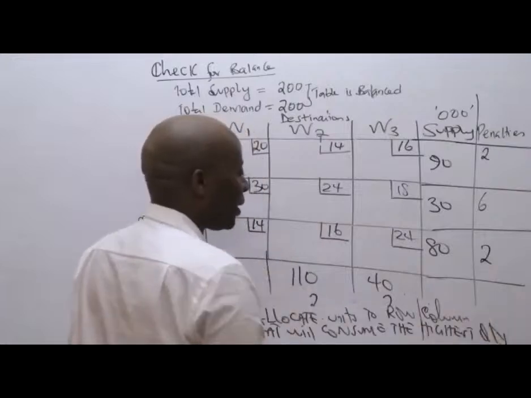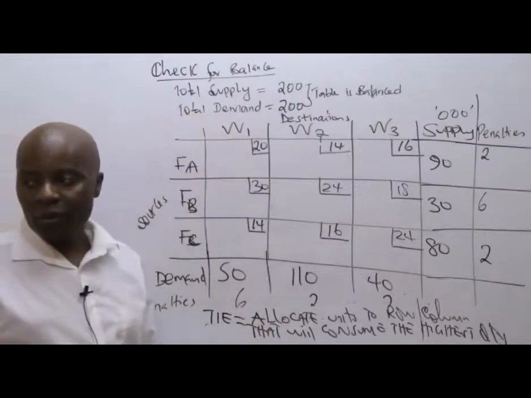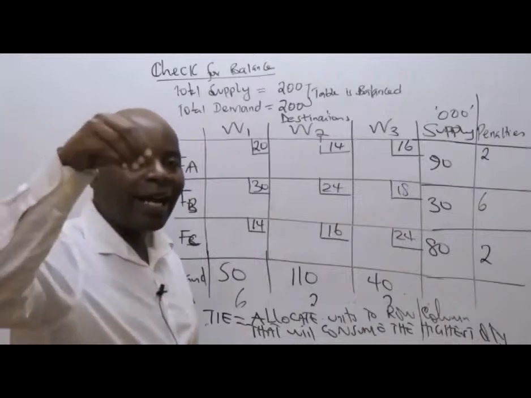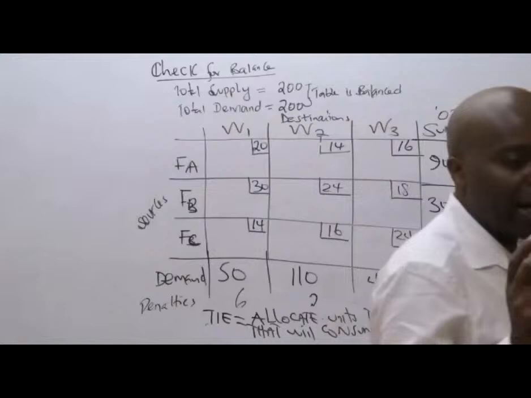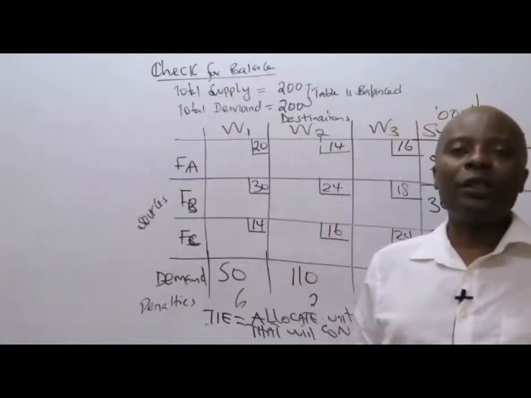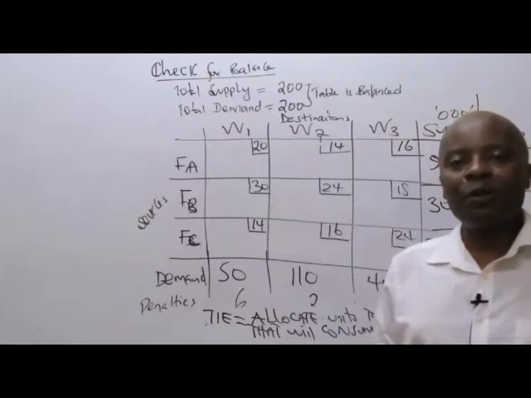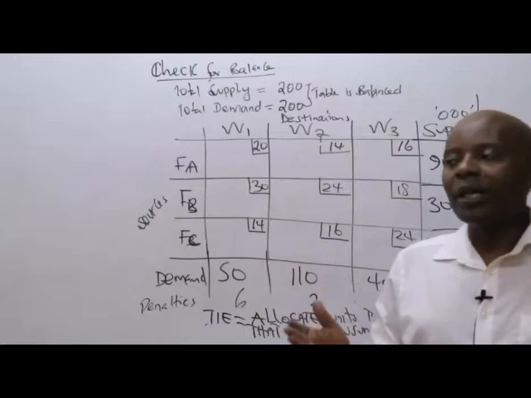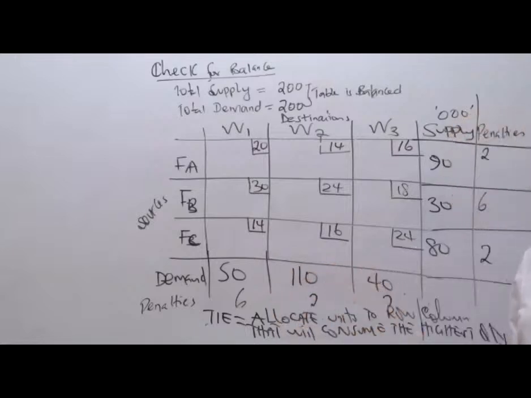Please write these small notes as we get along. So whenever there is a tie between the highest penalties, the row or column that will prevail is that row or column which will be able to absorb the highest number of units.